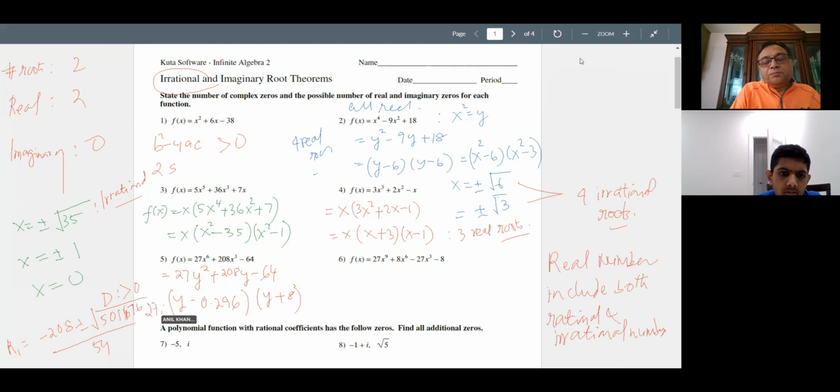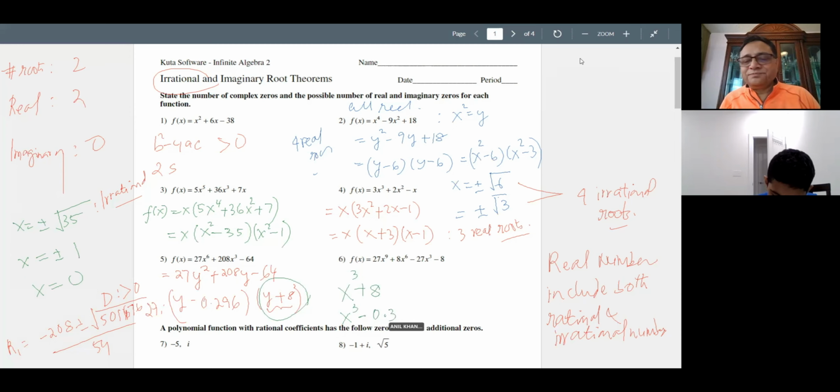As far as y plus 8 is concerned, y is x cubed, so x cubed plus 8. The other factor is x cubed minus 0.3, approximate, because we are only interested in finding the number of roots, not the roots.